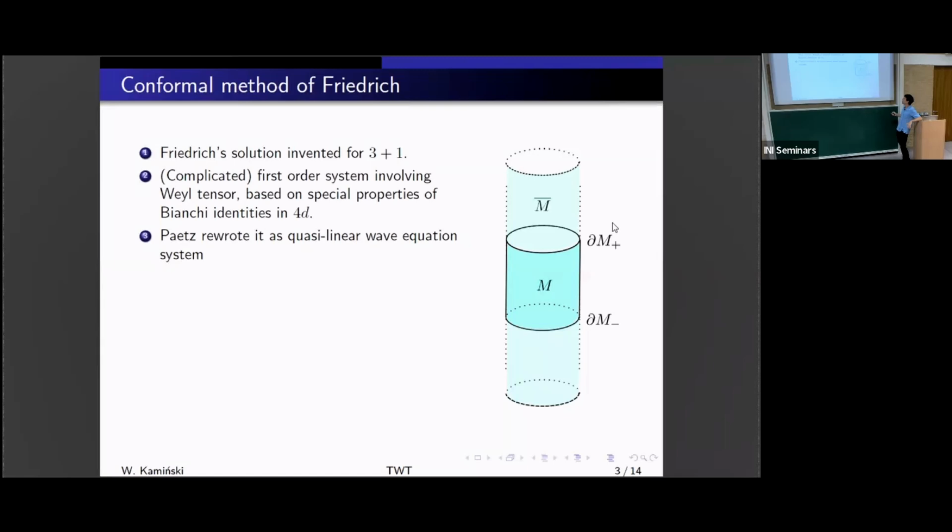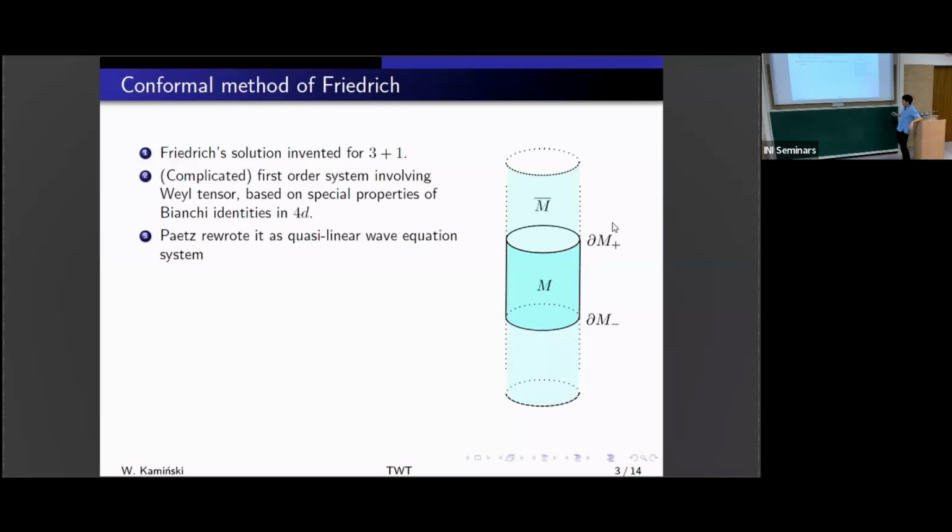This is a first order system, and it is based on some special property of the Bianchi identities in 4D. So if one would like to proceed like Friedrich, one cannot in an easy way generalize it to higher dimensions.